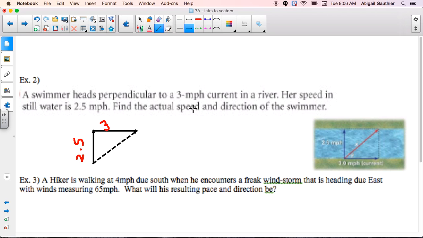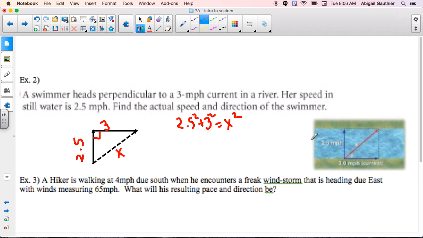So it says find the actual speed and the direction. I'm going to do this one with you. So for the actual speed, we can say that we're looking for this value right here. And since this is just a right triangle, and we know it's a right triangle because across a river and down a river are perpendicular, we can just use the Pythagorean theorem: 2.5 squared plus 3 squared equals x squared.